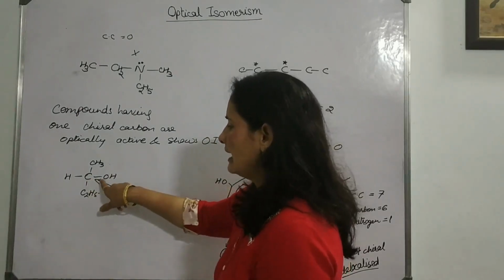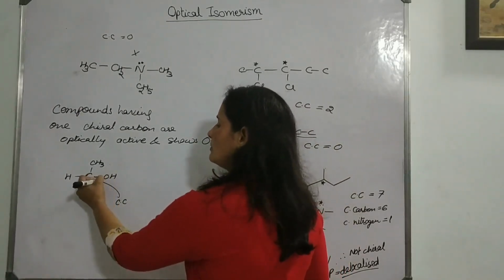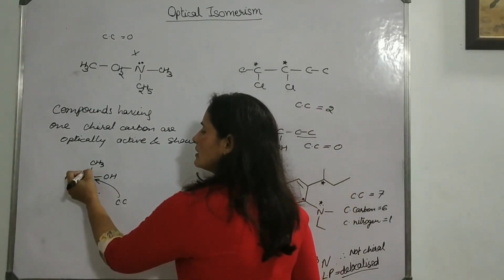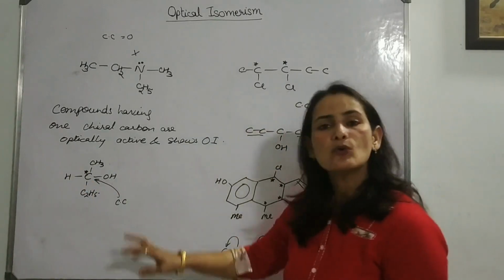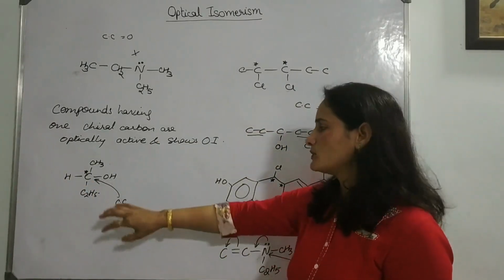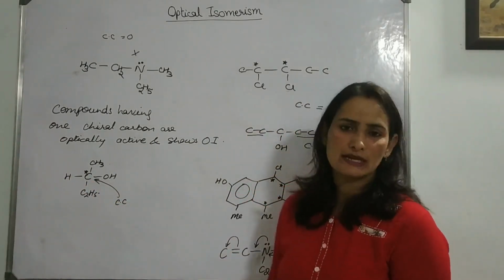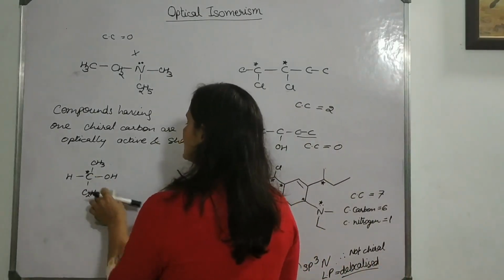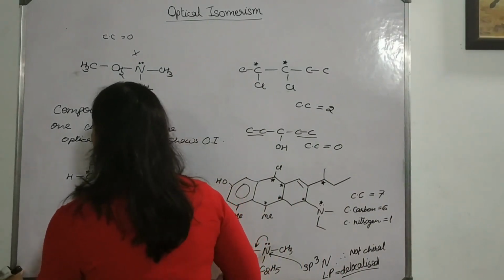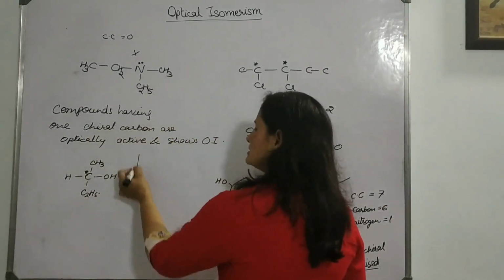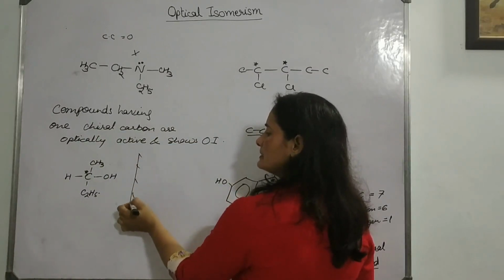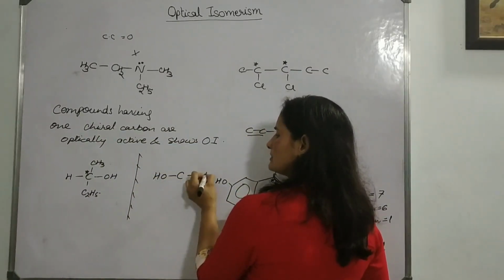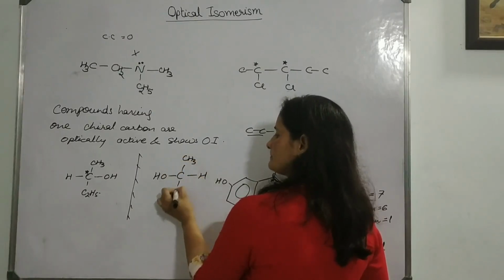The carbon is having 4 different atoms or groups. Since it is the only chiral center in the molecule, this compound will be optically active and will show 2 isomers which will be mirror images of each other. Let's suppose this is the mirror, and another isomer of this compound will be shown like this.